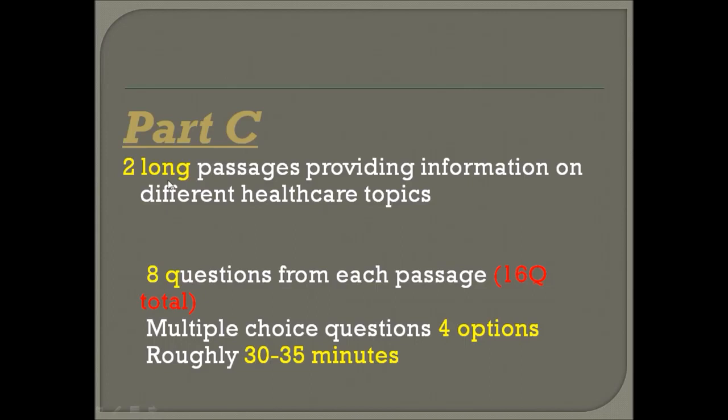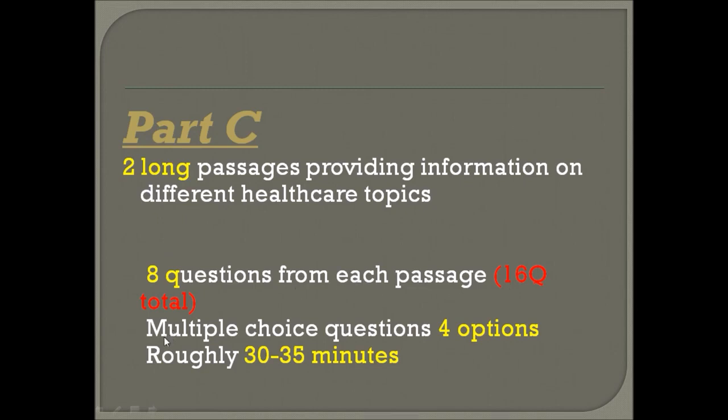In part C, there are 2 long passages providing information on different healthcare topics. You have to read 2 long passages and answer 8 questions from each passage. Combined, you have to answer 16 questions.